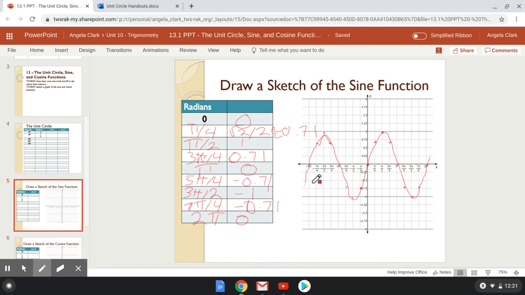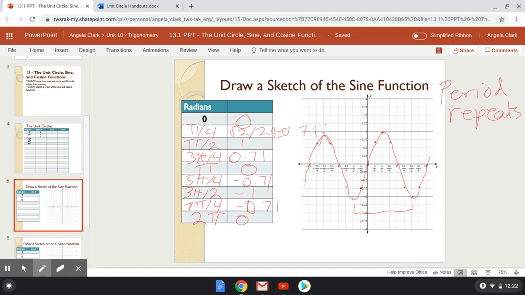So every time it repeats, that's called a period. So a period is when it repeats, every time it repeats. So you could look at a period as going from trough to trough, or minimum to minimum.